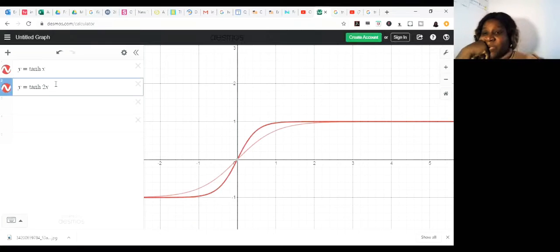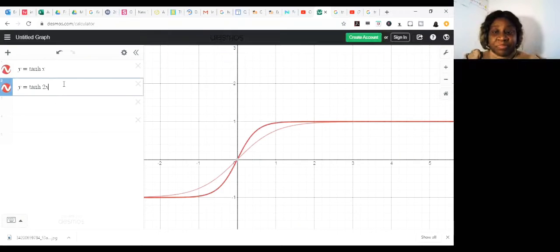Yeah, that is going to make it a little steeper. It's still going to try to touch this asymptote here, and it's still going to go through 0, but it's going to be steeper, by a half.